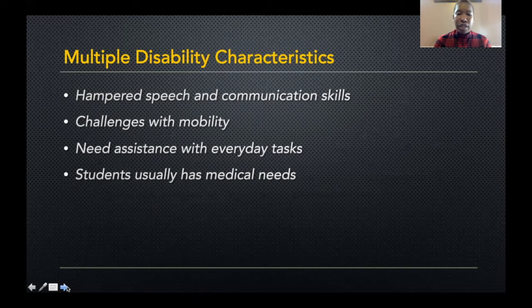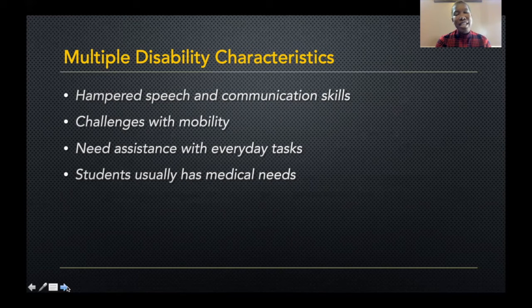Hampered speech and communication skills, challenges with mobility. They may need assistance with everyday tasks. Students usually have medical needs. So the two very last ones, those probably you'd see across the board with students who have challenges with multiple disabilities.